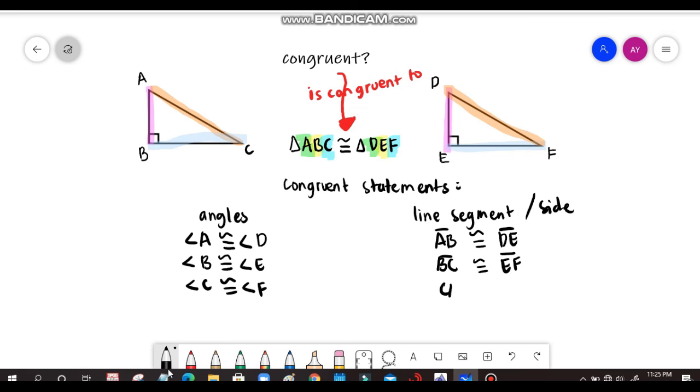Similarly, line CA is congruent to line FD. This is how we write the congruent statement.